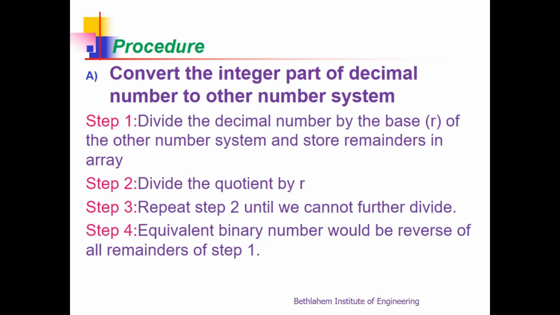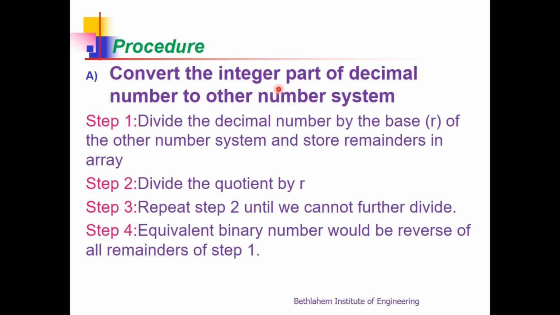And this is the procedure for conversion of a decimal number to another number system. As we have seen, a number can consist of an integer part and a fractional part. The procedure to convert the integer part and the fractional part of a decimal number to another number system is different.